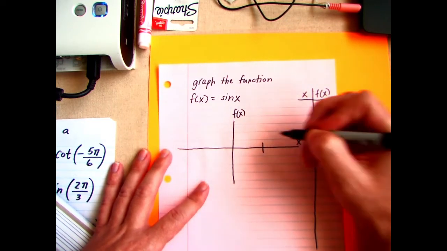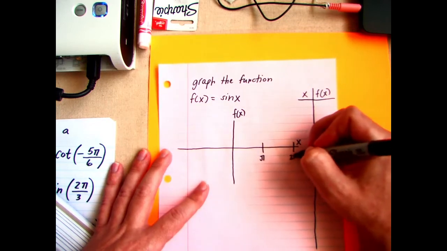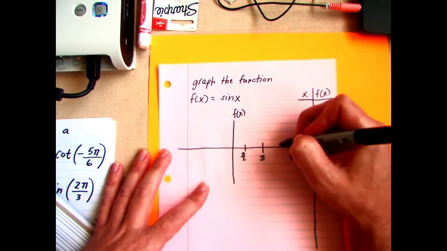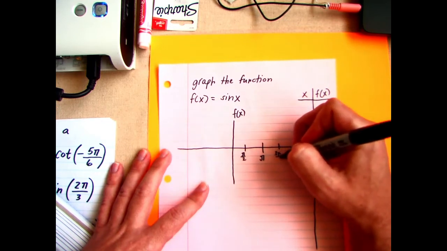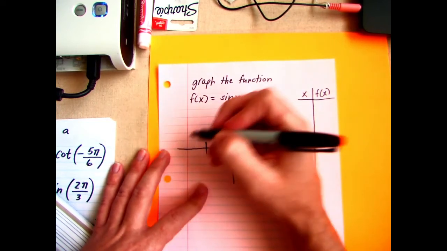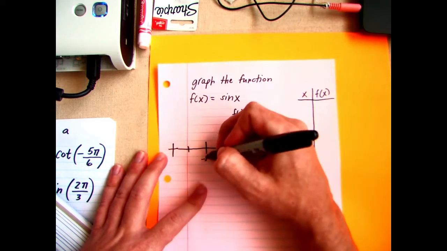So I'm going to start with my axes, f of x and x. On the x-axis, I'm going to go from negative 2 pi to positive 2 pi. So on the right side there, I did 0 to 2 pi first.